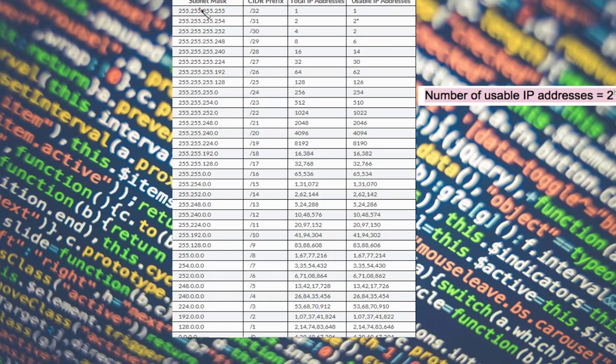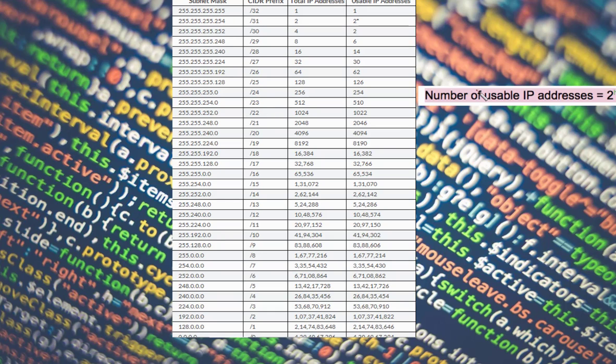Based on the subnet mask, the CIDR prefix is mentioned, and how many IP addresses we can configure in a host is also written here. If you have this sheet with you, then you can calculate any CIDR notation or subnet mask.